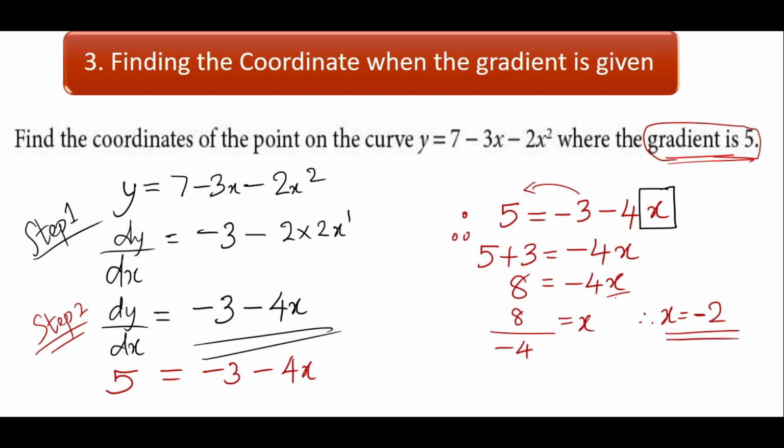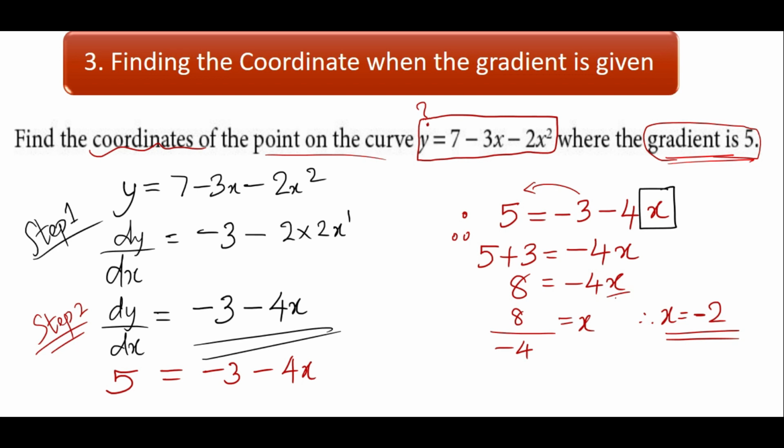Now you cannot stop there because they have asked you for the coordinates of the point where the curve has this gradient. So if you have found the x coordinate, you have to find the y. And to find the y, you don't have to look for any other way, just substitute it into this equation and find y.